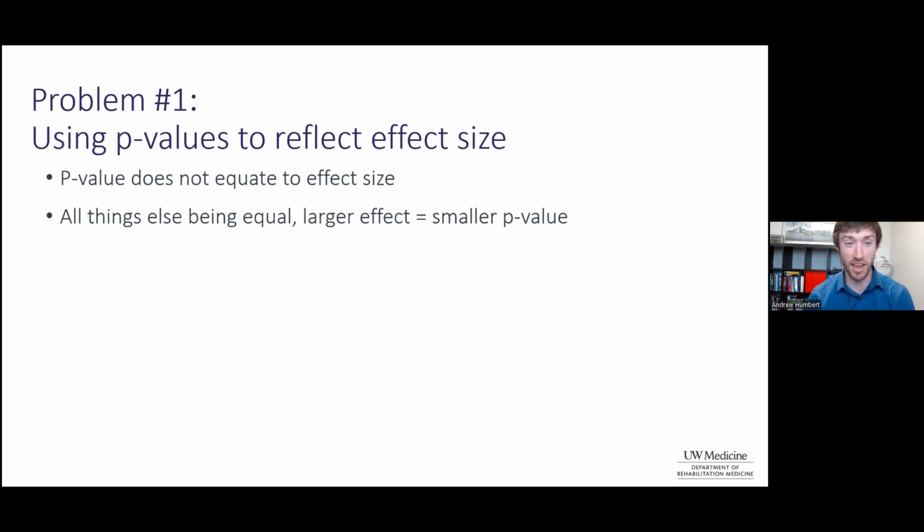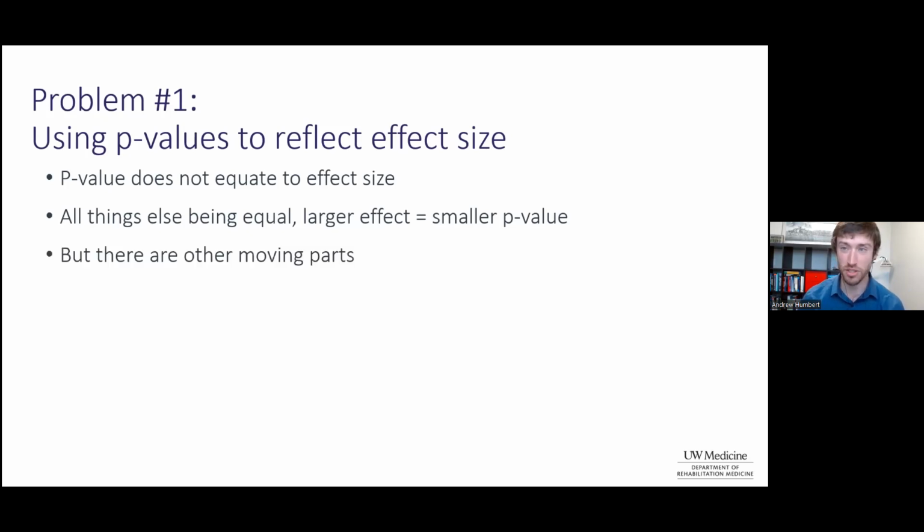But that's rarely the case in research. You change one thing in a study and everything in the data changes. So while a larger effect size can lead to a smaller p-value, it's really dependent on other assumptions that are generally not met. The main assumption being that the precision is often also affected if we increase the effect size. If the effect size is larger, the precision can change as well.